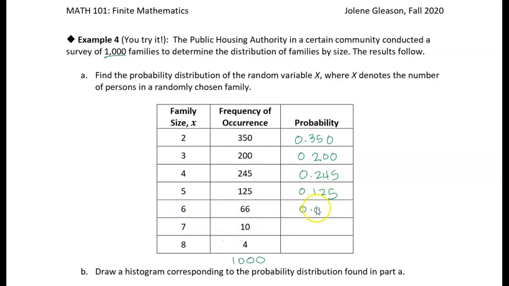So that's 0.066. 10 out of 1,000 had a family size of 7. So that's 0.010. And then finally, 4 out of 1,000 had a family size of 8, so 0.004. Just dividing the frequency of occurrence by 1,000, so we get the relative frequency. That's just a probability distribution like we've done before.